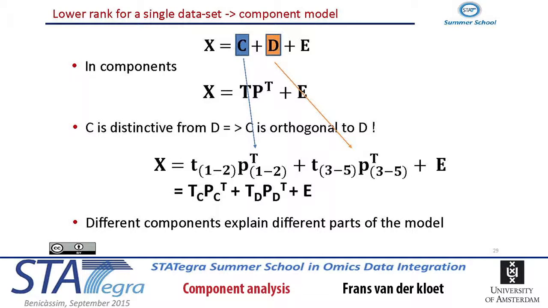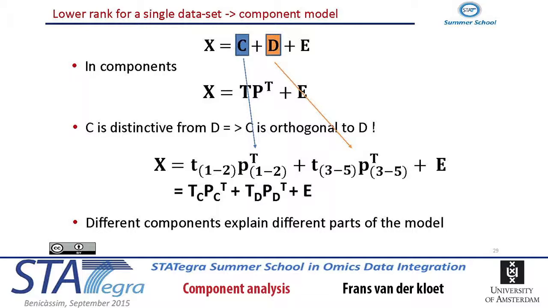And if I expand this solution, if I have 5 principal components in my model, then I could use the first 2 components for my common part, and my last 3 components, so 3 to 5, for my distinctive parts. And I already knew that they were distinctive and that they have no overlap because they are orthogonal, these solutions. So that's a nice feature.